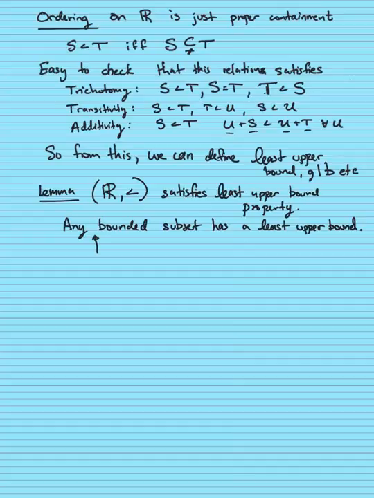What this means is that there exists some real number, which I'm calling S, so that, calling it any bounded subset X has a least upper bound, x in X implies x is less than S. And what this really means is that this is a Dedekind cut, and it's contained in the Dedekind cut S. And this holds true for all elements in X. So this should give a hint of what the least upper bound is.